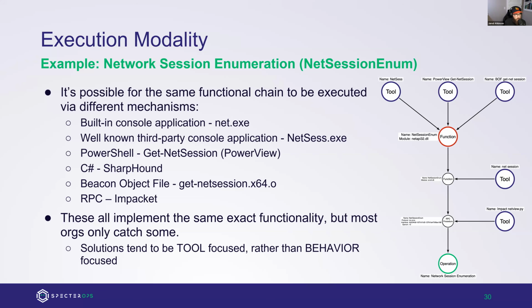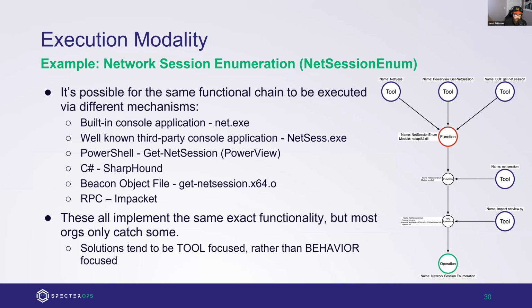but it is calling that same NetSessionEnum function. We could look at netsess.exe, which is a third-party console application that's well known, right? And so a defender might detect netsess.exe based on the name because it's a well-known tool, so you might have a rule where process name equals netsess.exe or something like that. We have a PowerShell script, PowerView's Get-NetSession. We have a C# tool, SharpHound.